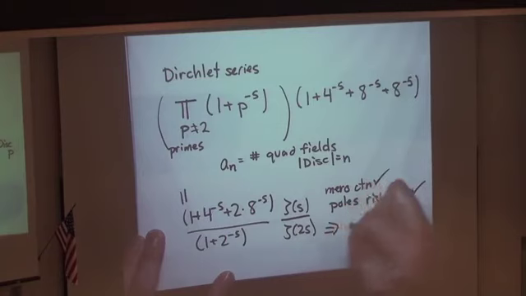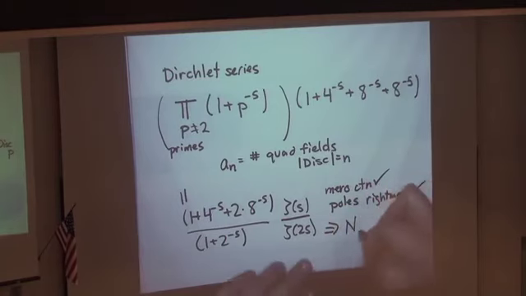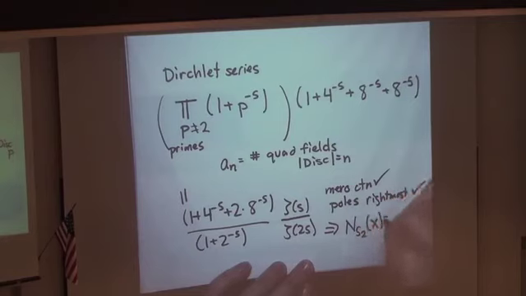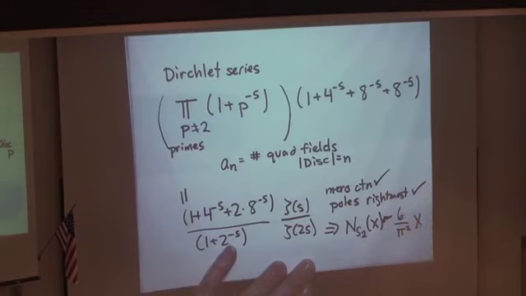And then we can conclude, despite all this nonsense at 2, I believe we actually get here that asymptotically we have 6 over pi squared x. So, very popular number.